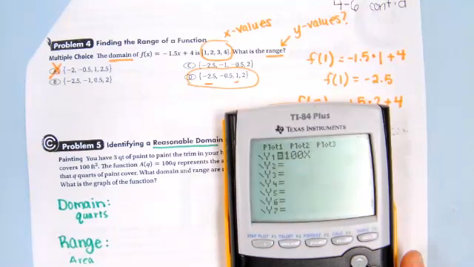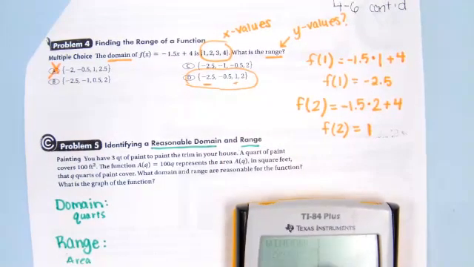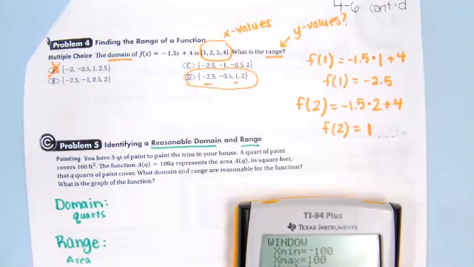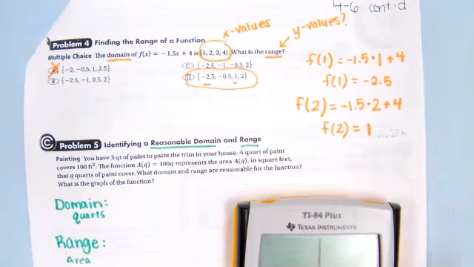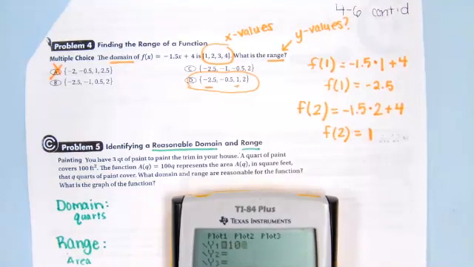Our window, right, is not going to be good. But that still should show something. It's way too small. Let's change our window to negative 100 to positive 100 on both and see what happens. I'm confused. I'm not sure why mine's not showing on this calculator.